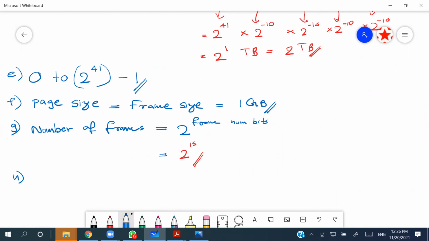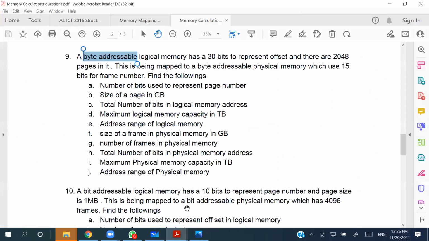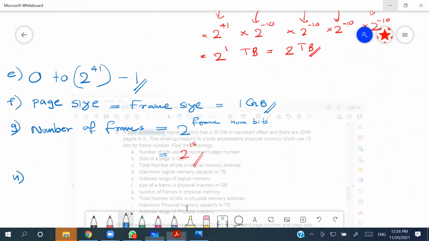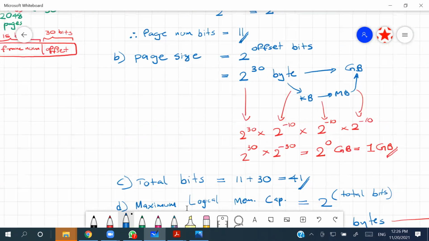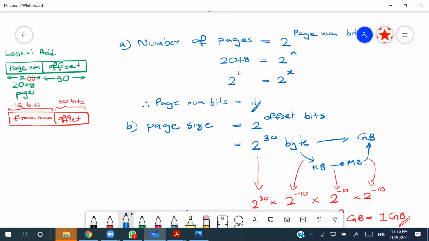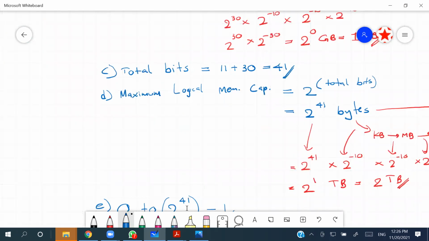And H is going to ask another question from us: the total number of bits in a physical memory address. Now, that is something we have revealed already. It's 15 plus 30, which is going to be 45.